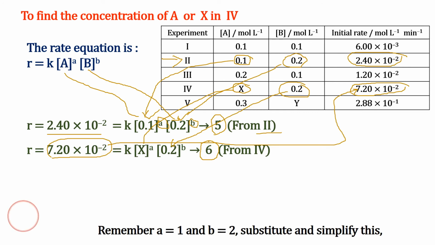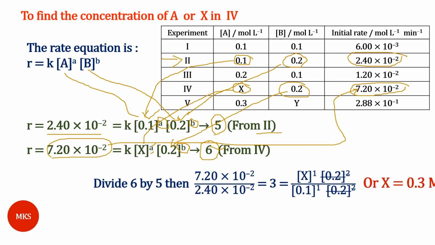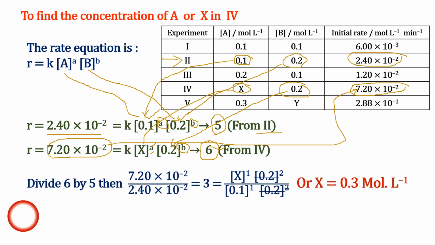Remember, the order of the reaction with respect to reactant A is 1, and with respect to reactant B is 2. Substitute the values of a and b in the equation and simplify this by dividing equation 6 by 5, then the value of x can be found out.